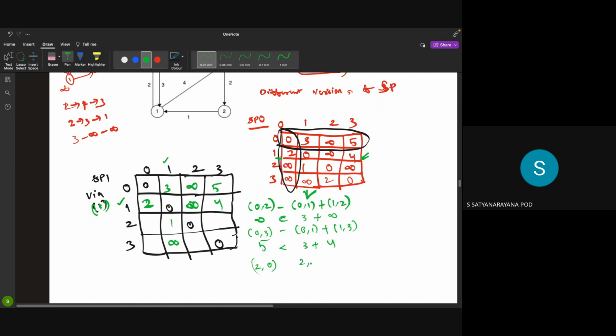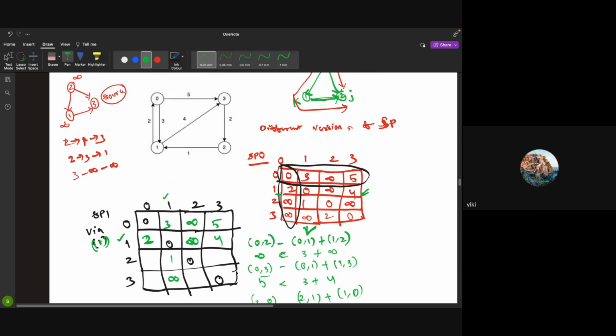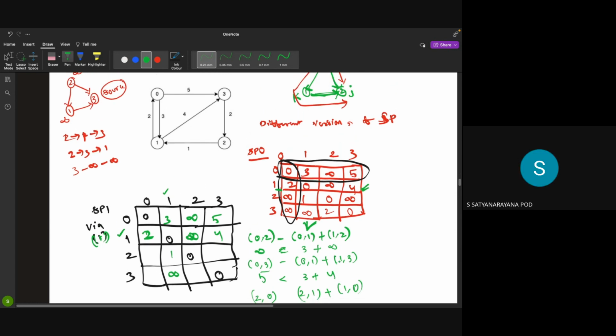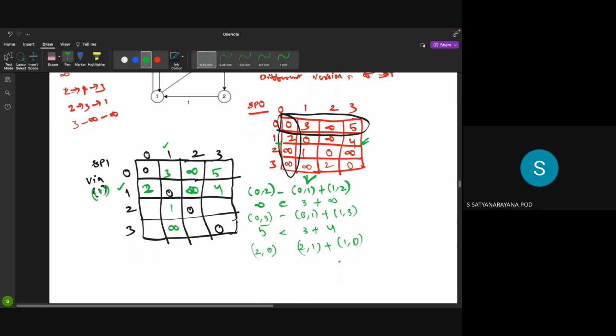It is 2 to 1 plus 1 to 0. Is it right? Because it is via 1. So 2 to 0, what is the value? It's there already. 2 to 0 is infinite, no direct edge, it's infinite.